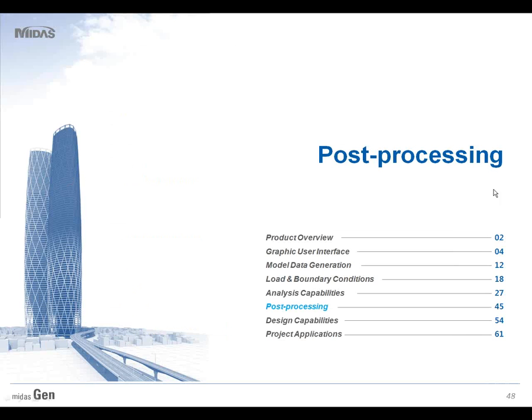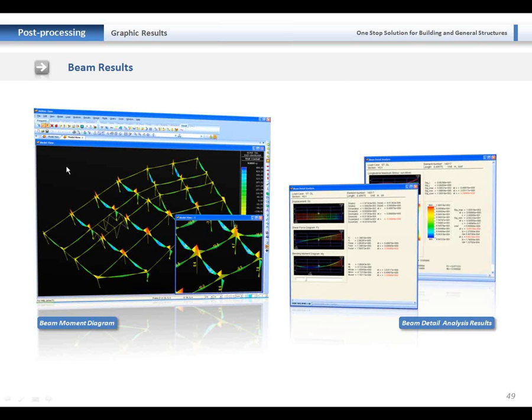And let's go to the post-processing. Post-processing of Midas Gen is very versatile. Midas Gen provides all the analysis and design results in contours, which enable us to evaluate the results more intuitively.